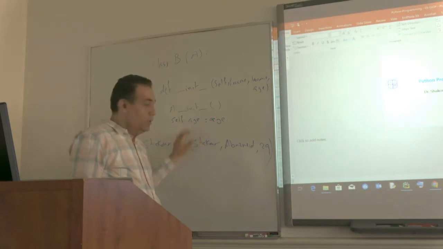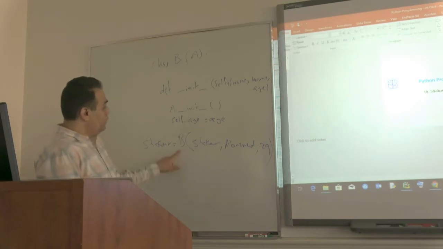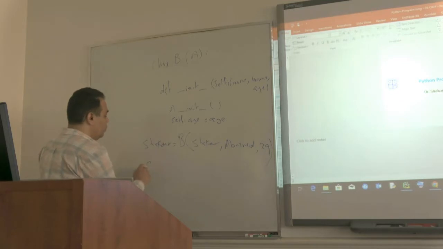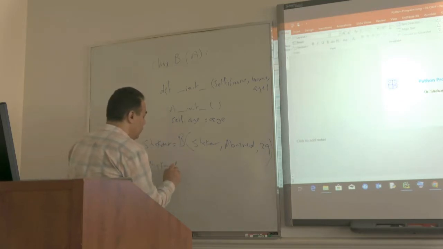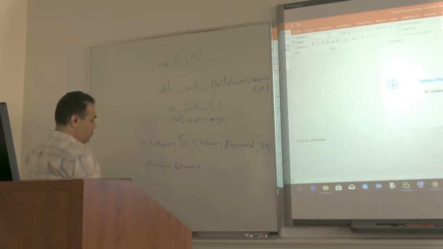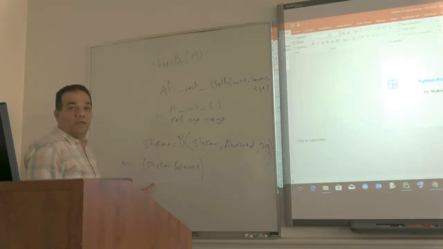Clear? Alright? So in here I created a constructor in B. So if for example now I say Shakur dot full name, or print, what will it give me?